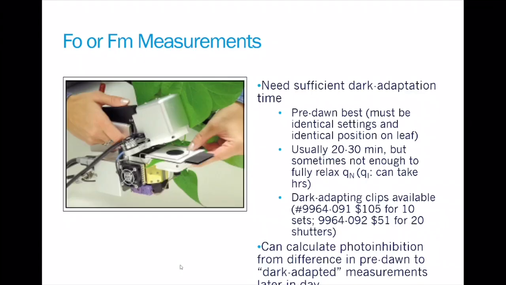Typically it requires about 20 to 30 minutes to dark adapt. Another tip would be that aluminum foil works really well as well. However, when you take off the foil, you typically do get some light that flashes on the leaf, so you may have to wait a little while the leaf is in the chamber before you take your measurement.